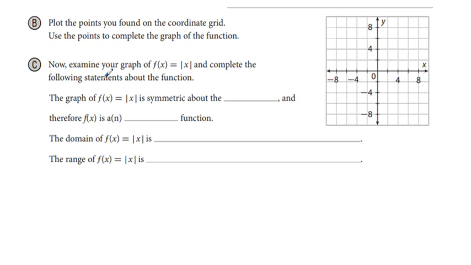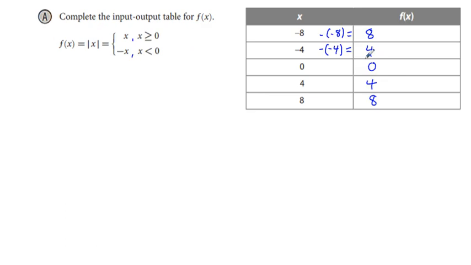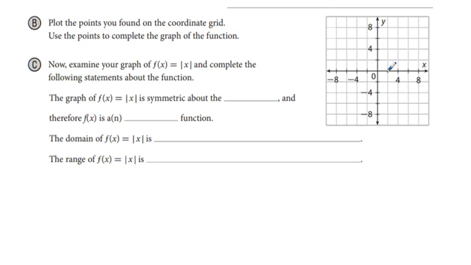Let's go on. Plot the points you found on the coordinate grid. Use the points to complete the graph of the function. And so the points were, just reminding myself here, 0, 0, 4, 4, and 8, 8.